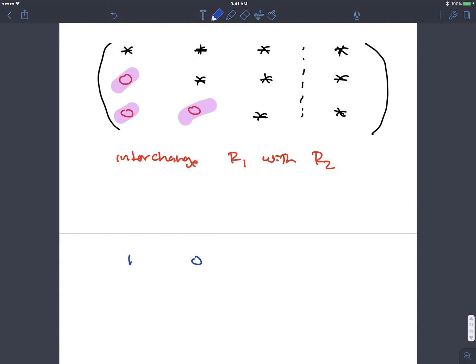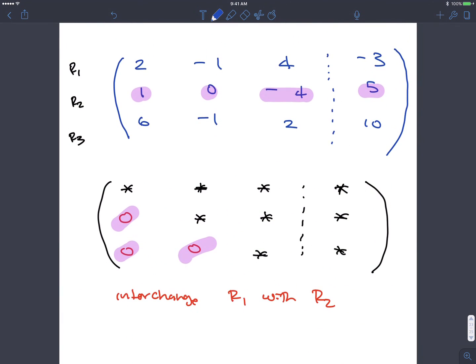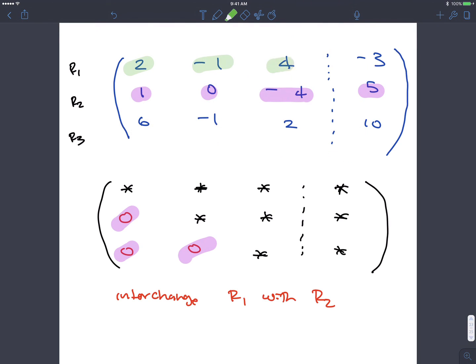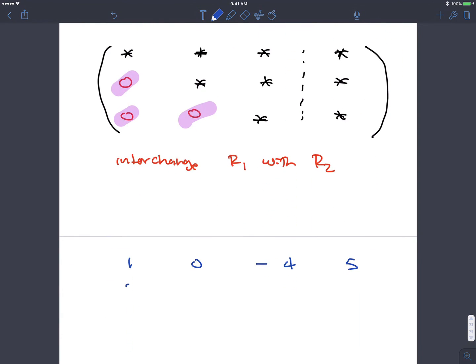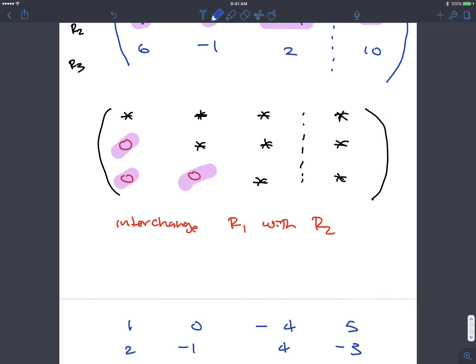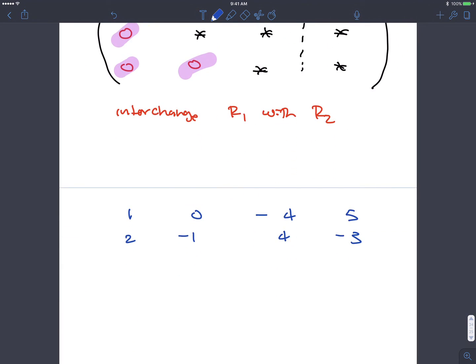Row 2 entries are going to now be 2, -1, 4, -3. The last row stays the same, so I got 6, -1, 2, and 10.